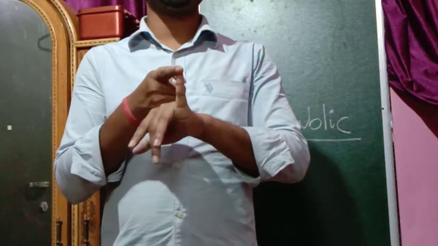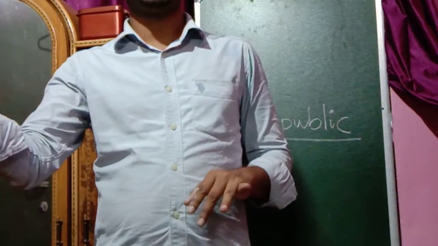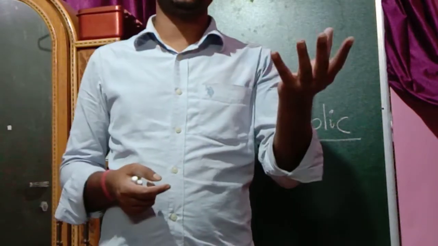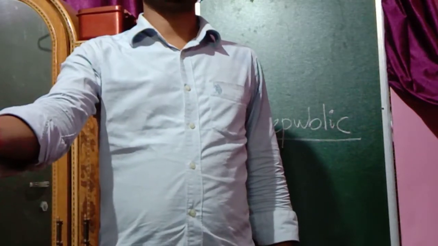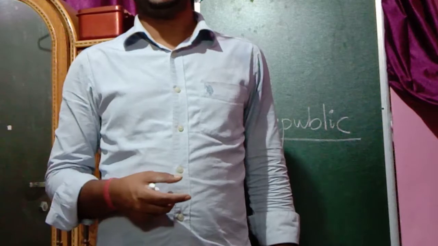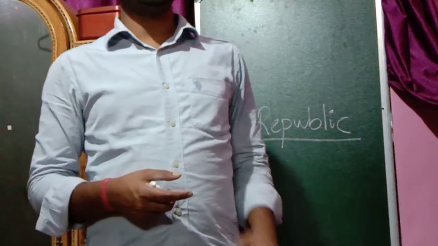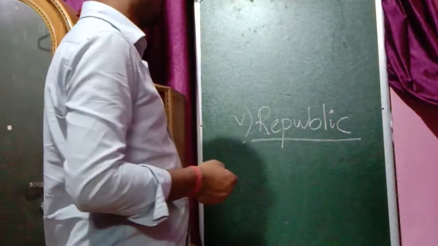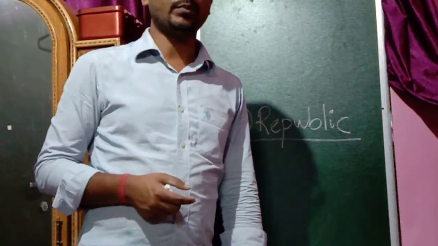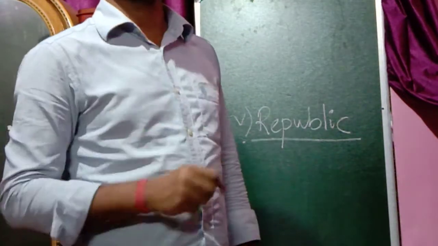Once his term of 5 years gets over, another person, on merit or election basis, takes over the seat as the president of India. So these 5 important things define the nature of the state, or what India is.